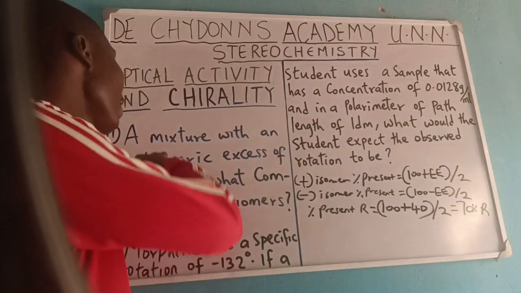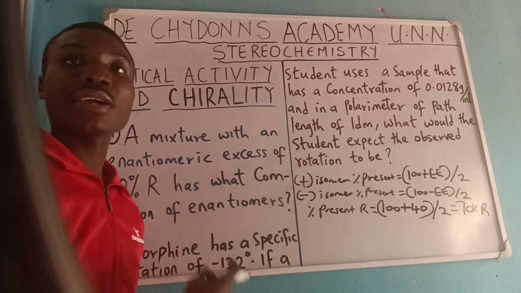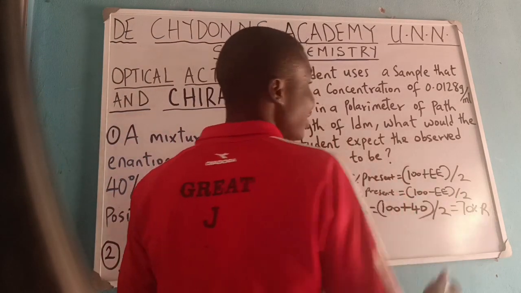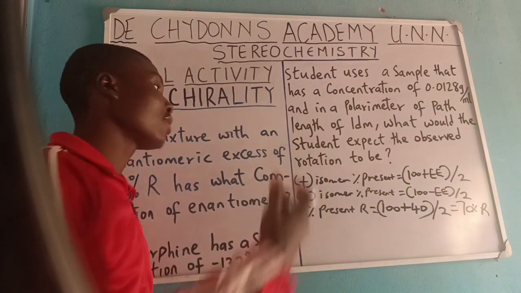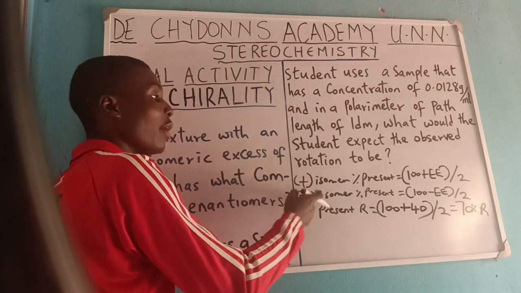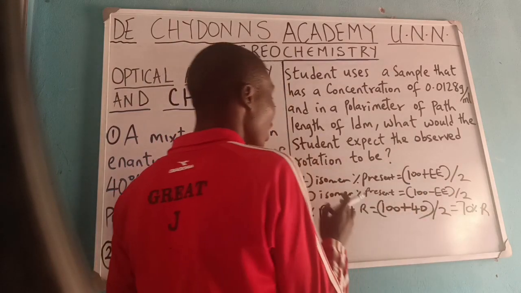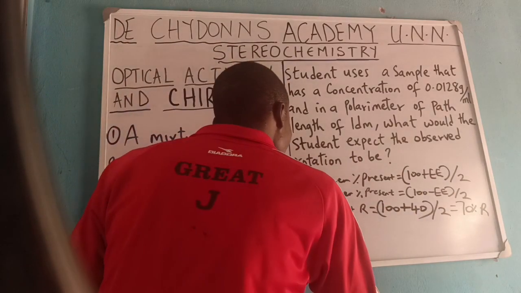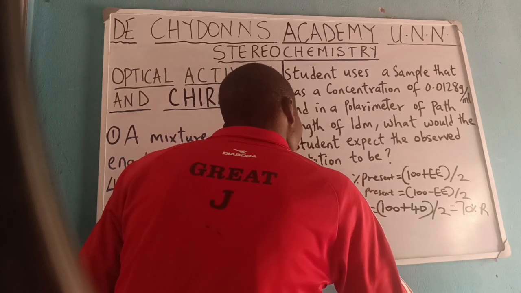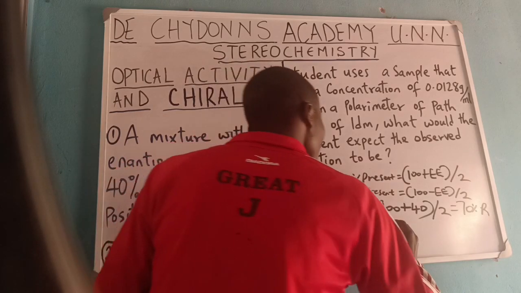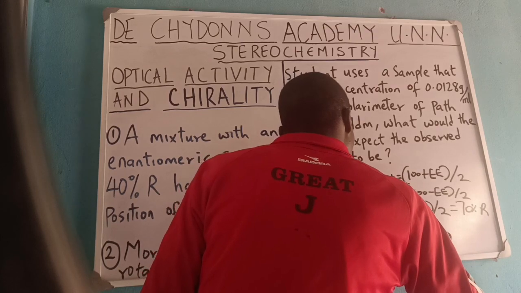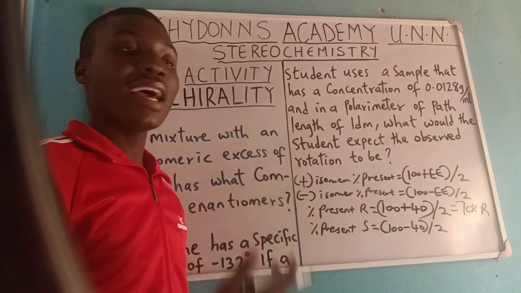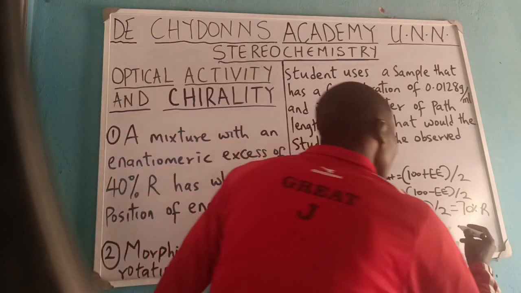Then, since we have R already, what we'll now be looking for is the amount of S present. You can decide that you want to do 100 minus 70 to get the amount of S present, or you could decide to use this formula. So 100 minus 70 will give us 30, but let's use this formula so you can see that the formula indeed is working. So the percentage present of S is equal to 100 minus 40 divided by 2. 100 minus 40 is going to give you 60, and 60 divided by 2 is going to give you 30%.